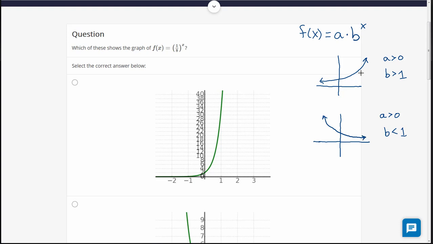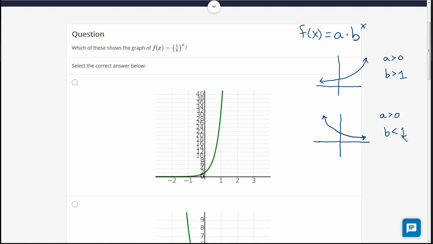So the way I think about it is that if b is greater than 1, then it's exponential growth. 1 is like 100%, so if b is bigger than 100%, the function is growing, whereas if b is less than 100%, the function is going down.